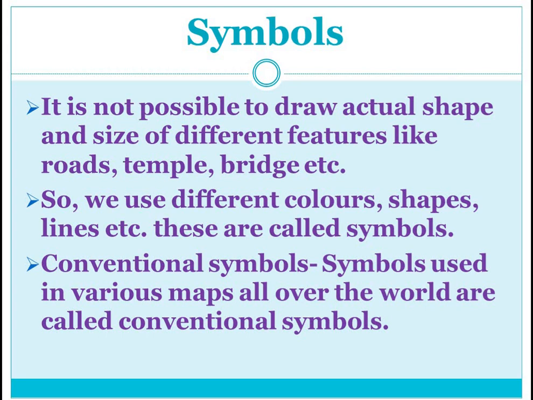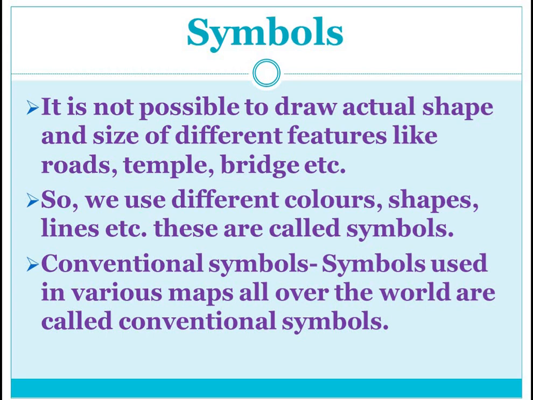It is not possible to draw the actual shape and size of different features like road, temple, bridges, rivers, etc. Is it possible to draw the same size and same shape on the paper or on the map as it is there on the actual ground? No, it is not possible. So, to remove that problem, the different symbols have been taken.